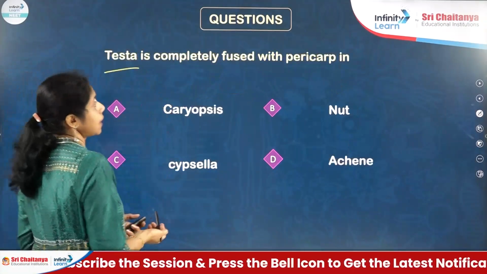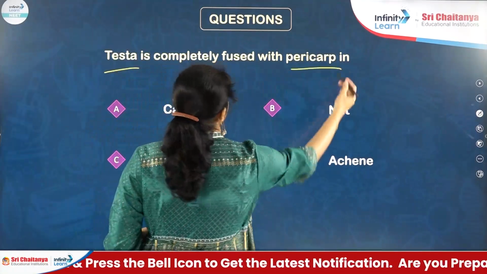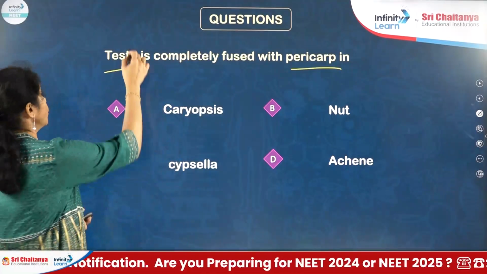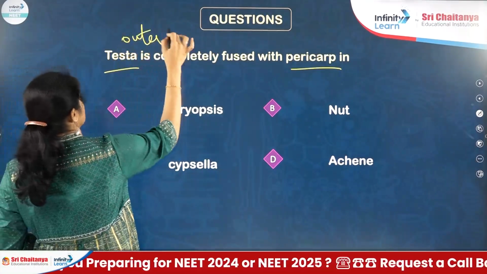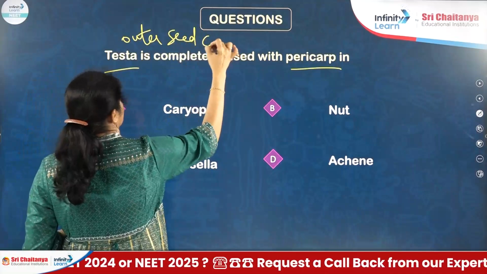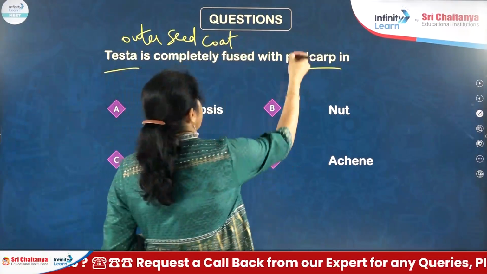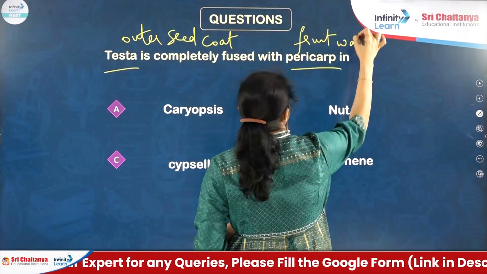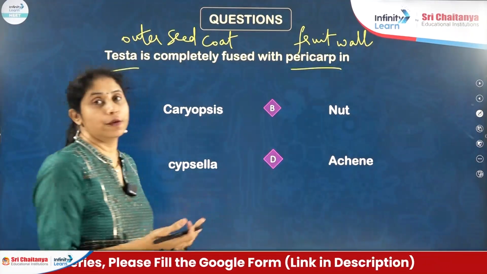Testa is completely fused with pericarp. Pericarp is nothing but the fruit wall, and testa is the outer seed coat. Both are fused together.